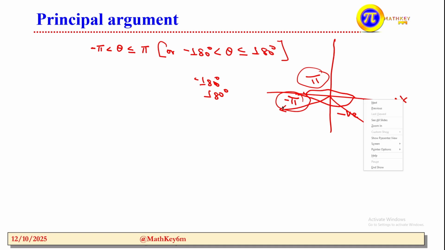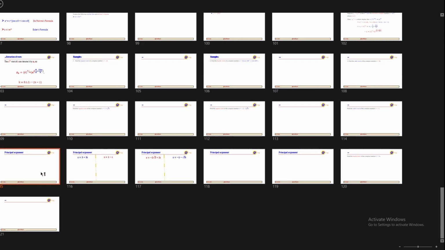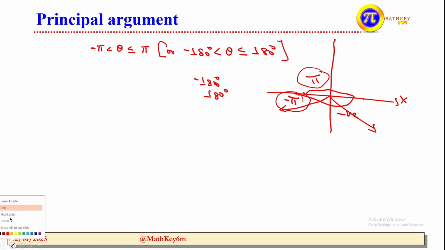Since if we take values counterclockwise, the value is greater than 180 degrees, and if it is greater than 180 degrees, it cannot be the principal argument. You may start from here or like this; this is greater than 180 degrees. If you start from this and arrive at the first quadrant, it also cannot be between negative pi and pi. Because of this, it is always better to keep our theta between negative pi and pi, including pi and excluding negative pi.